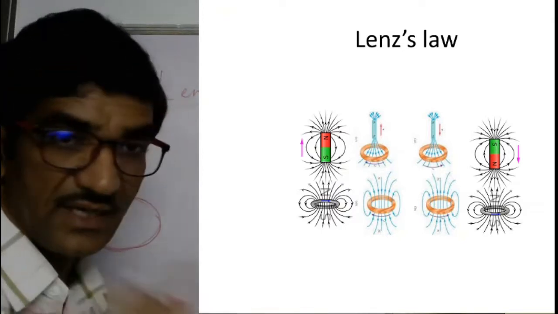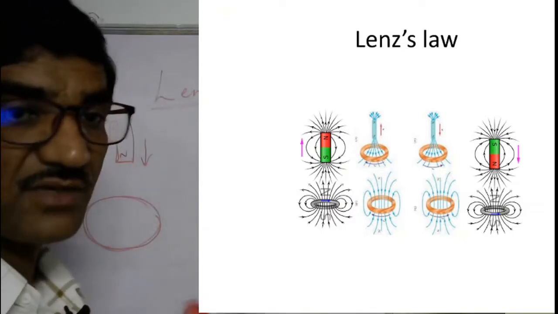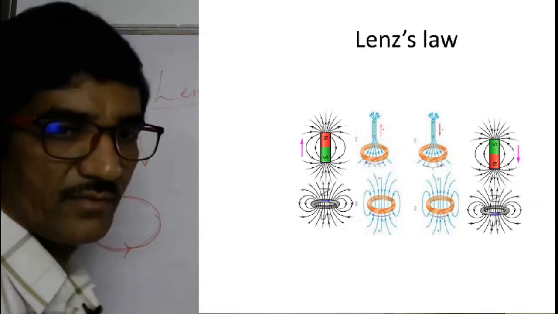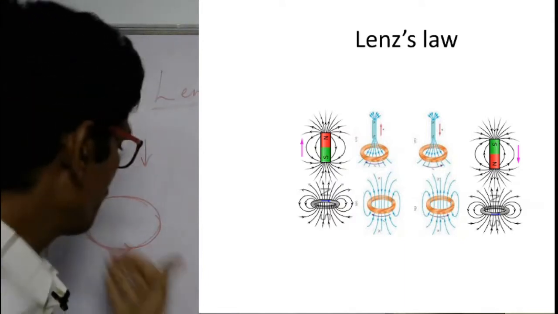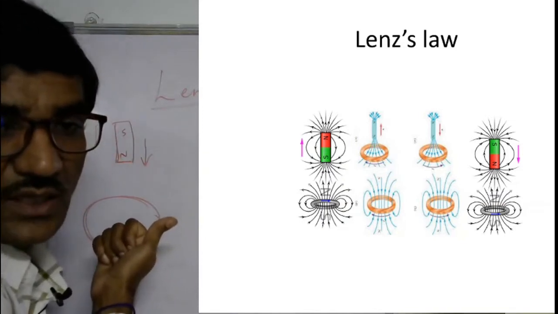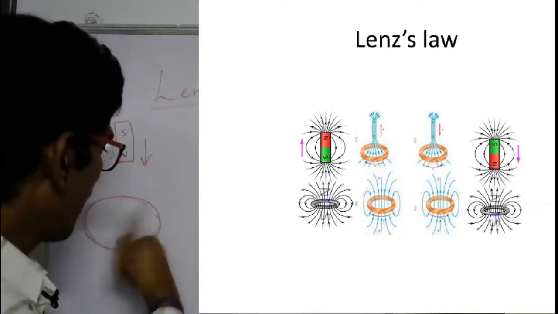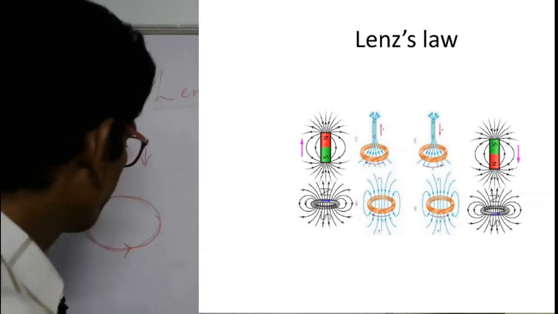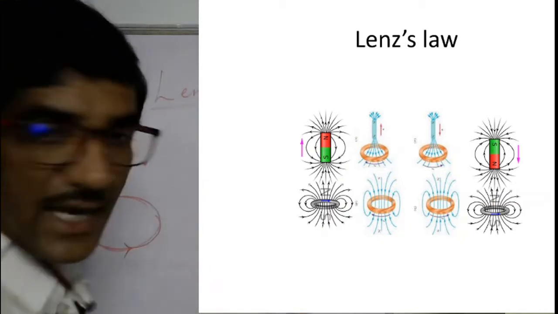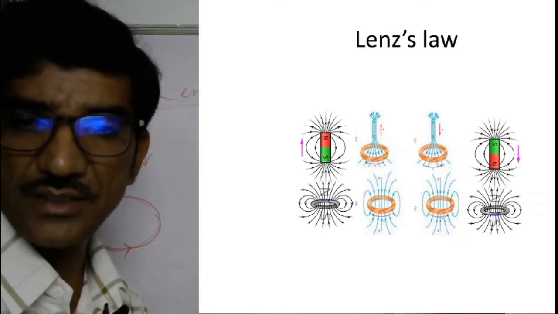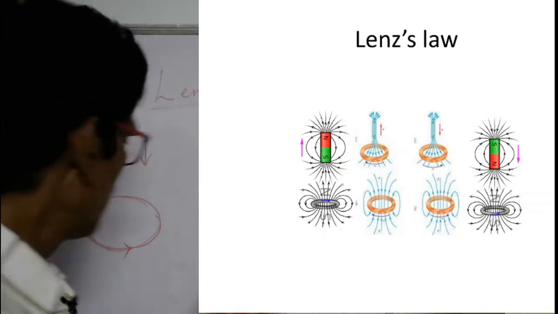According to Lenz, the direction of the current should be like this only, not like this. Why? Because whenever you use the right hand thumb rule, the magnetic field lines will be like this, coming out. You can see in the slide as well.